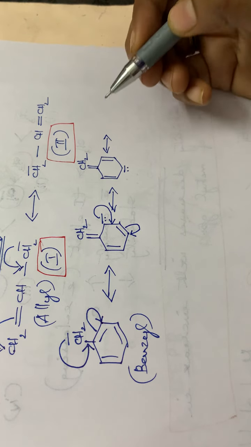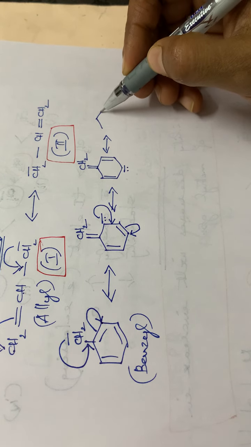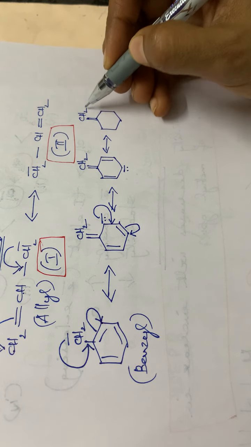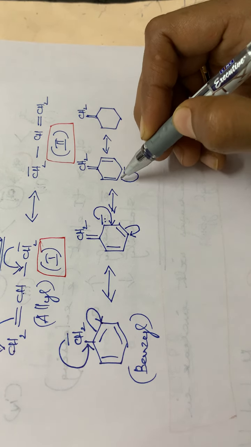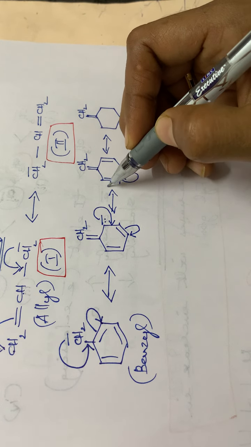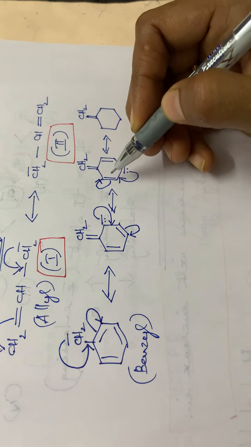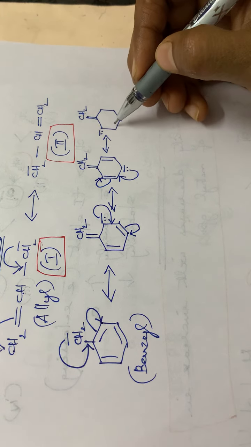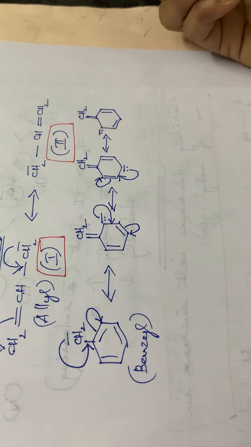Then the next structure. Double bond CH2, then what happens? This negative charge moves to this position, and this electron pair becomes a double bond to this carbon atom, so that here it becomes a negative charge, a double bond, here a double bond.